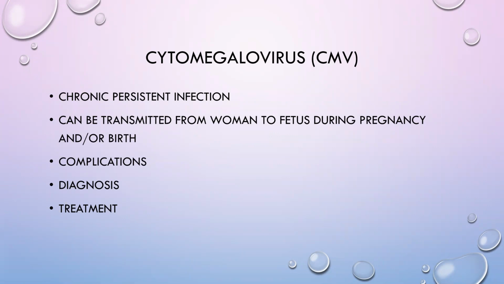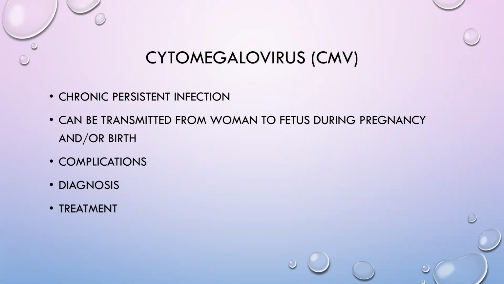Cytomegalovirus can complicate pregnancies. We need to caution moms to avoid poorly cooked meat, anything unpasteurized, and no contact with feces of infected cats. They need to be sure and wash vegetables and fruits carefully.